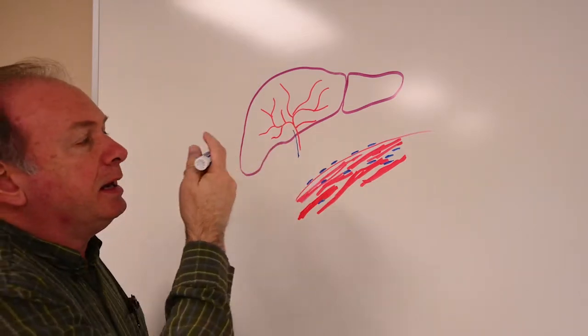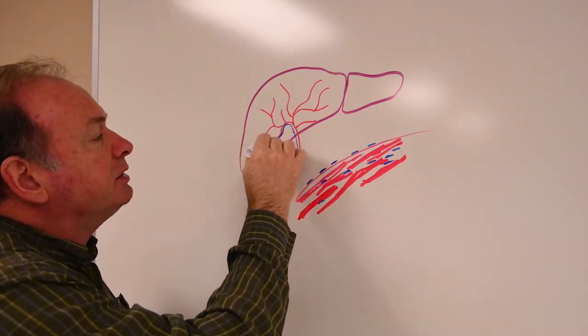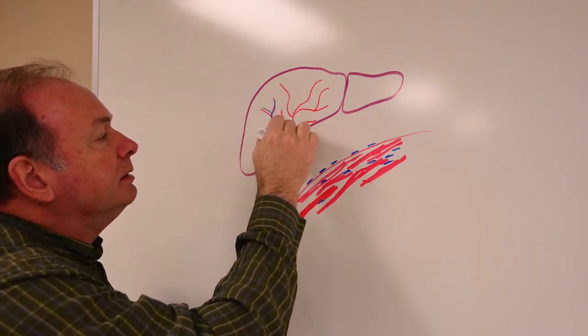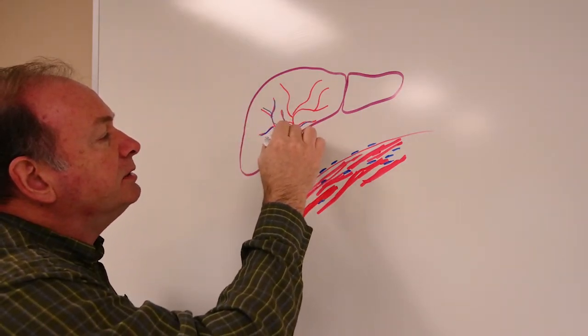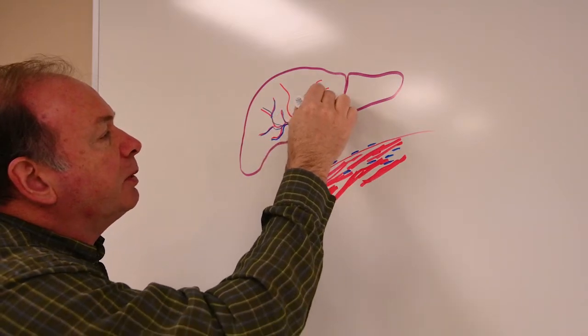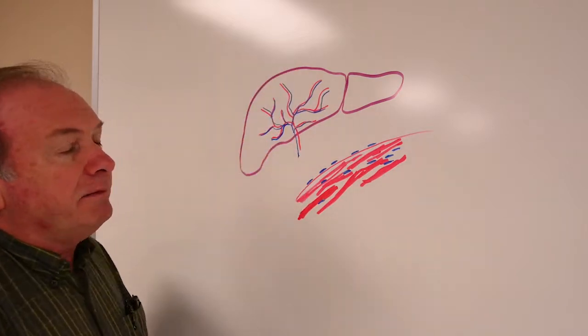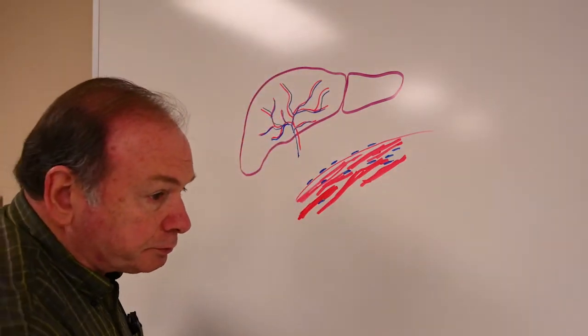Hepatic portal vein blood is going to come in here, and it's going to follow the same path as the arteries, the hepatic arteries that bring blood in here. So everywhere you have a hepatic artery branch, you'll have a hepatic portal vein branch to follow it.